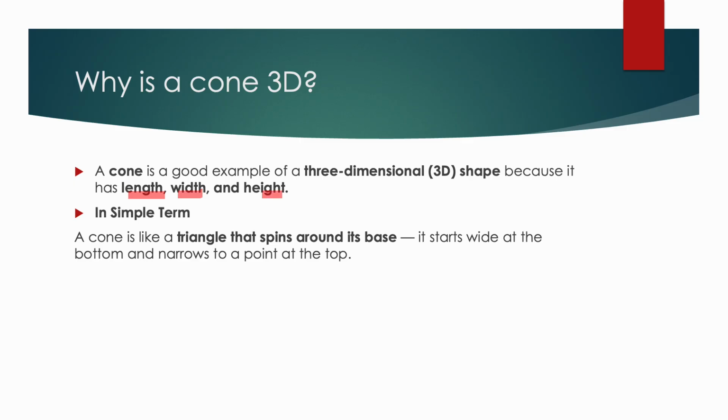And what I like to tell my students is it's kind of like a triangle, not my best triangle, that spins around at its base. It starts wide, and like we said, it comes together at the top at this apex. But if they had this triangle and they were to spin it around, it's a cone.